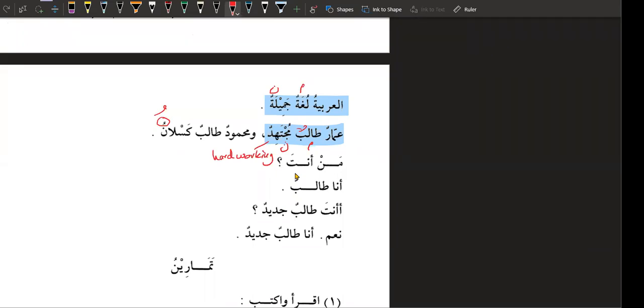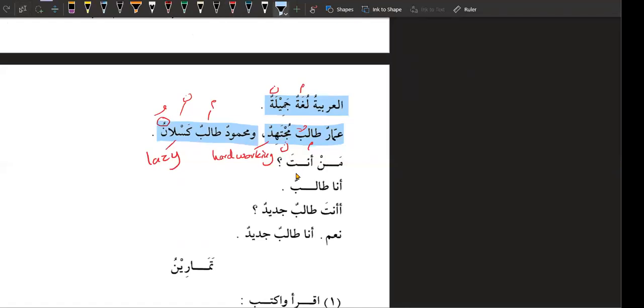So عمار is a hardworking student. ومحمود طالب كسلان. Mahmoud is a كسلان, lazy student. So طالب would be منعوت, and كسلان would be نعت.